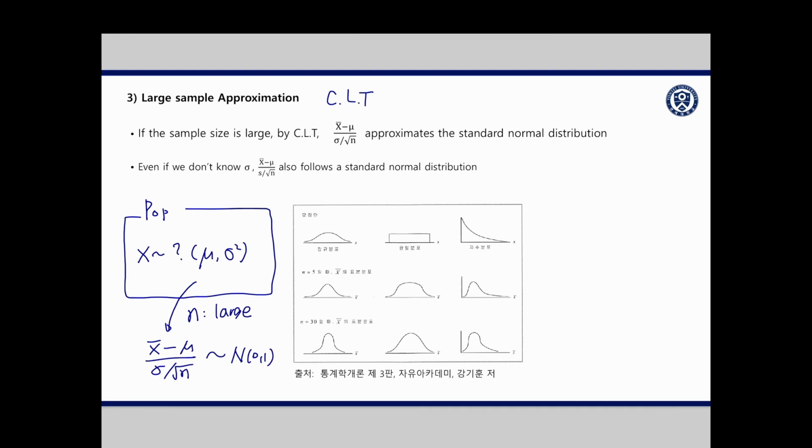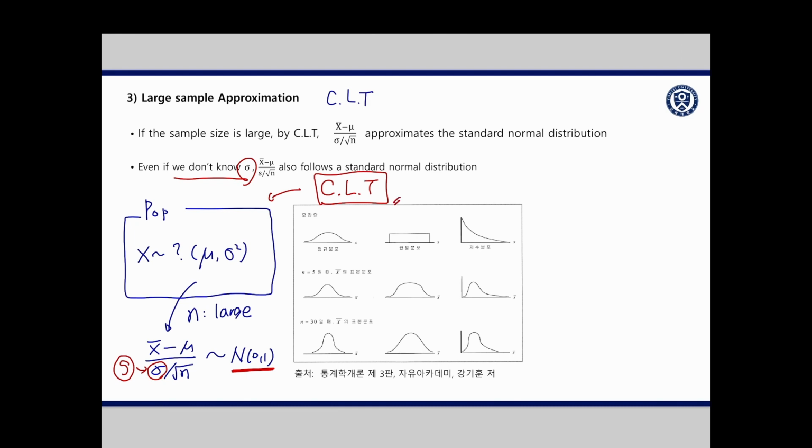Even if we don't know sigma, we replace it with the sample standard deviation s, and it also follows the standard normal distribution, because the sample standard deviation is consistent for sigma. This concept is the central limit theorem.